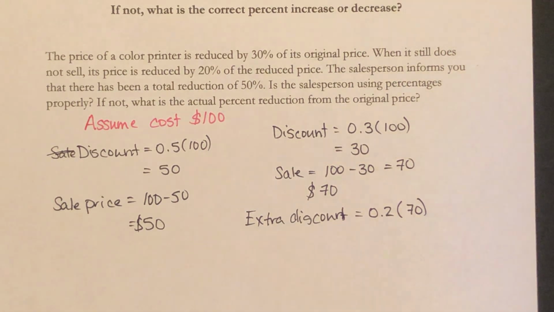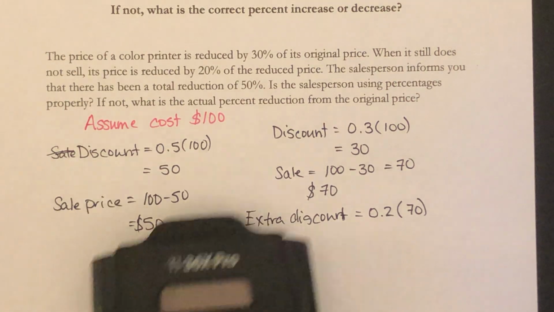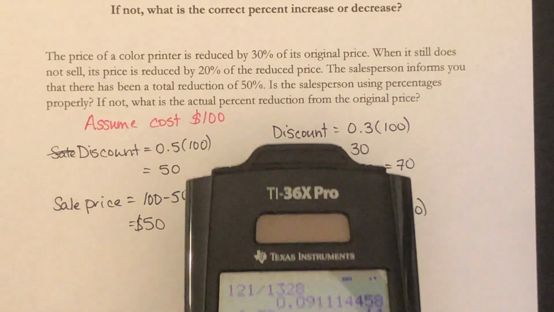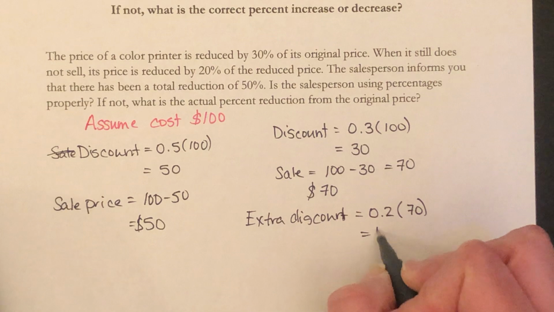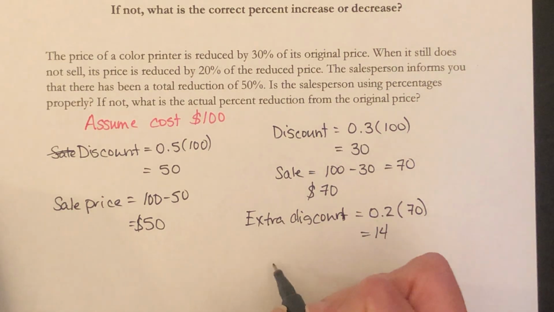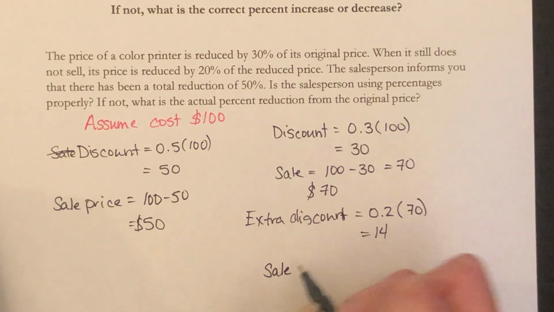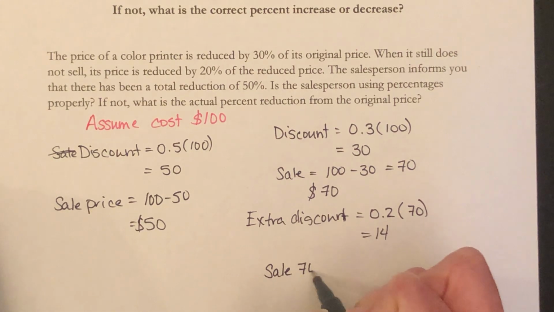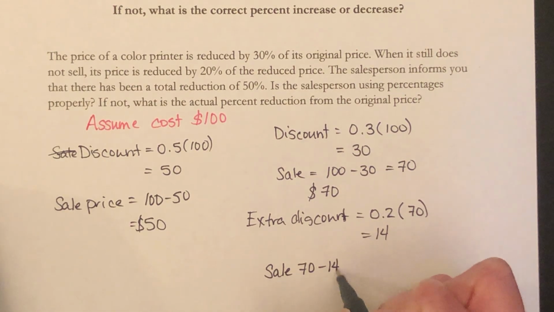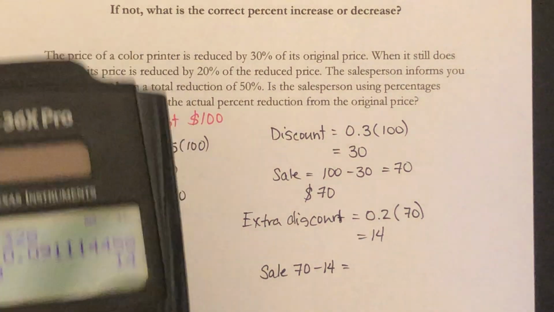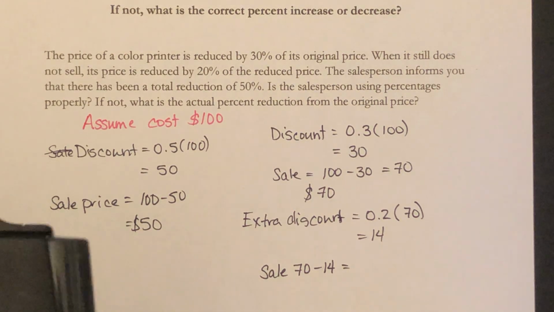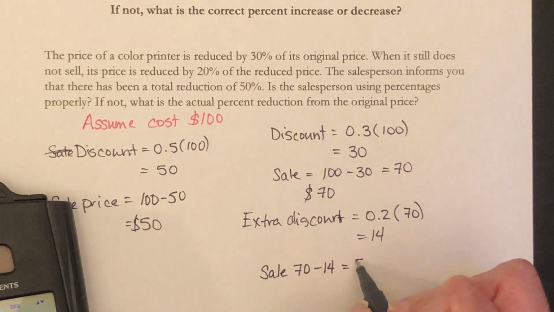And then what do we have? 0.2 times 70 is 14. So the final sale price is $70 minus 14 equals 56.